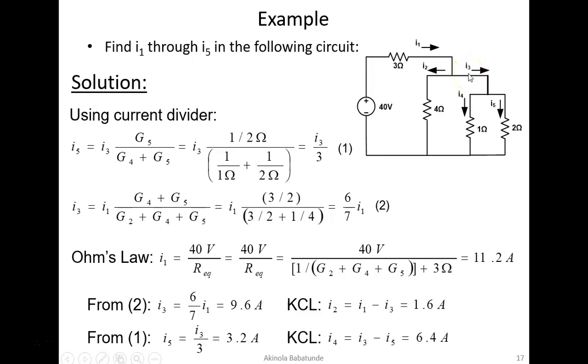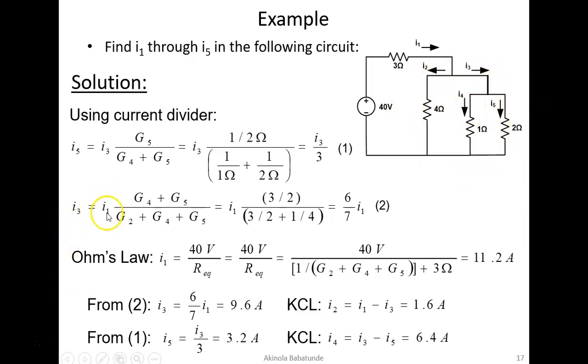How do we find I3? I3 will be equal to its source current, which is I1, multiplied by the conductance here, which is the equivalent conductance, divided by the total equivalent conductance of this entire circuit.